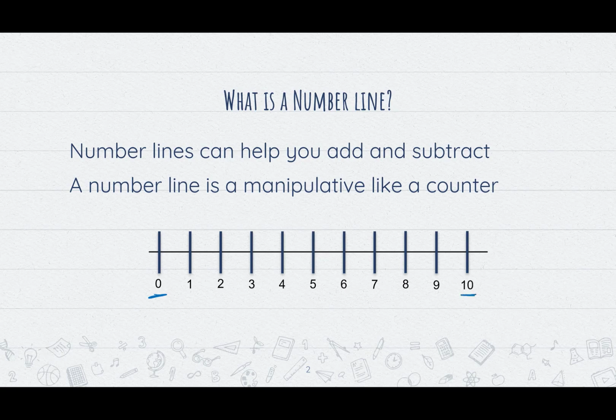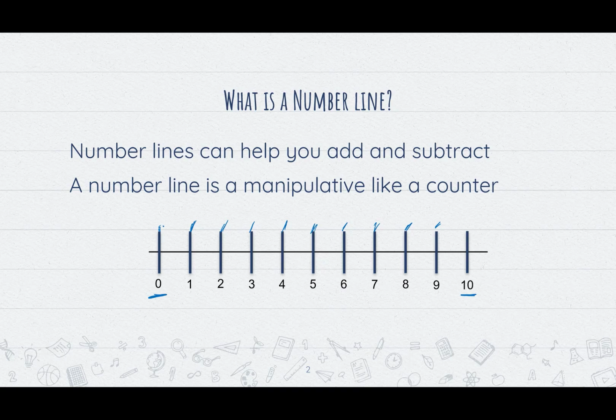And remember we talked about how each line on a number line represents a different number. So you see each line, and then underneath each line is the number that it represents. So you can think about it as counting the different lines on this.